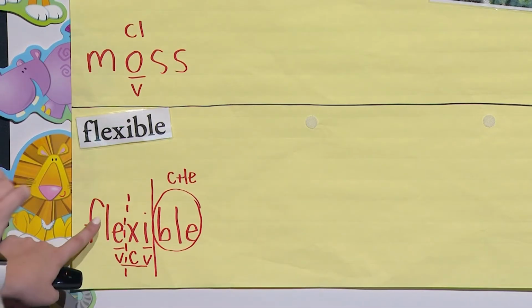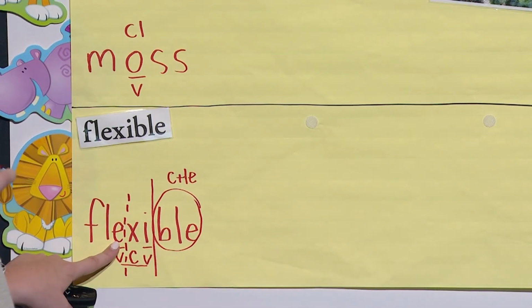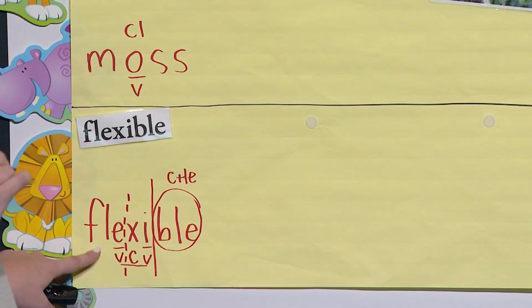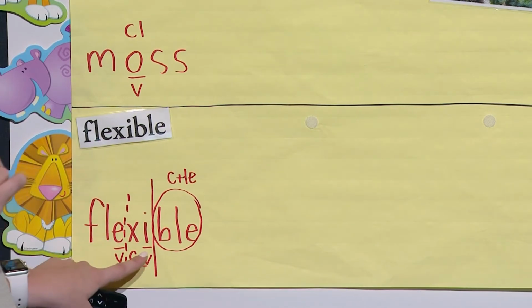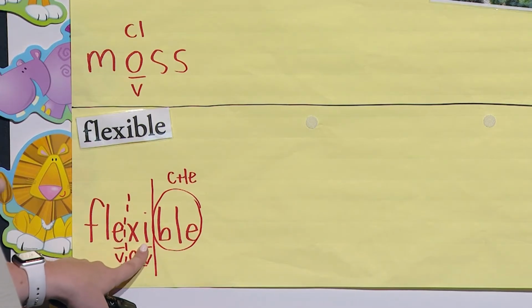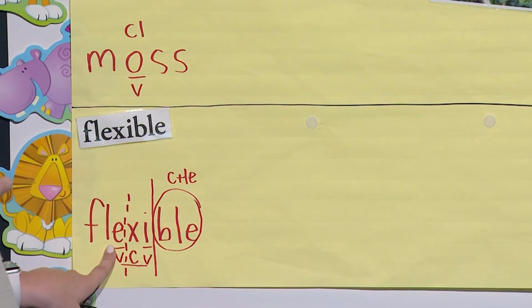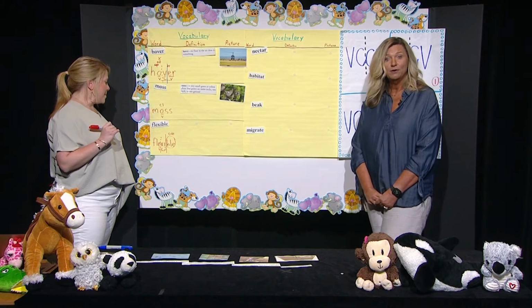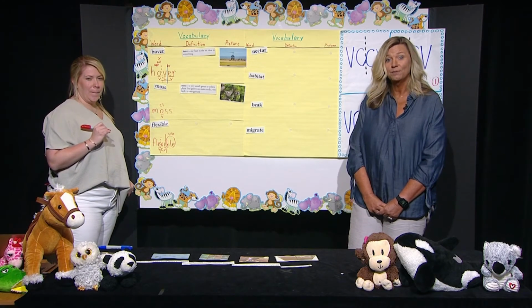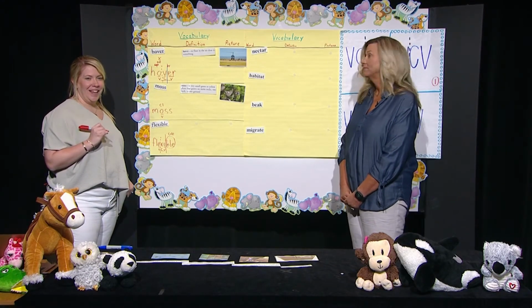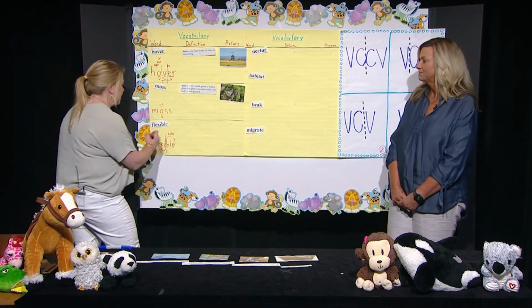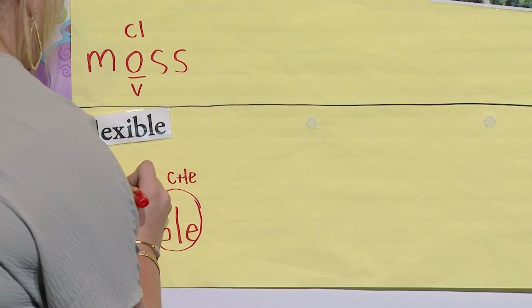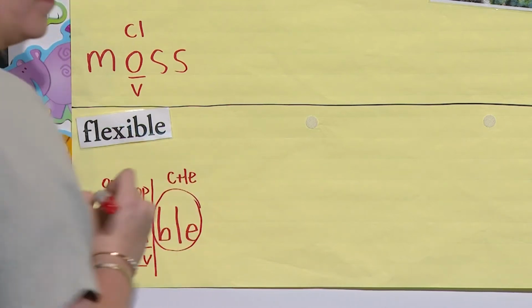What do you notice about our first syllable now that I've divided? Oh, they both end in a single vowel. Boys and girls, what type of syllable pattern ends in a single vowel? Yep, you're right. An open syllable ends in a single vowel, so we'll label those OP.